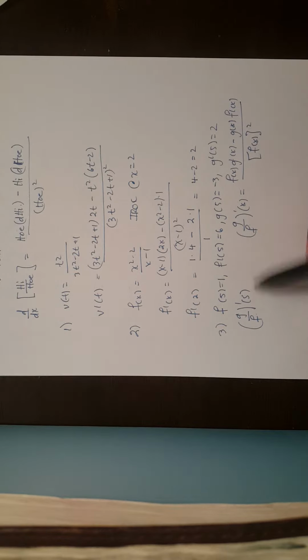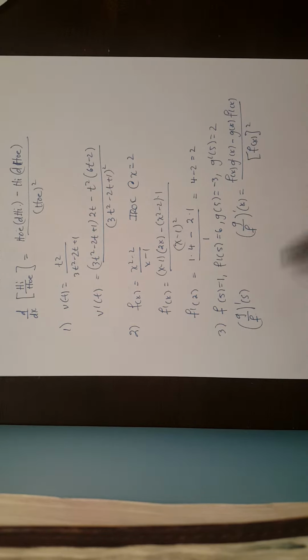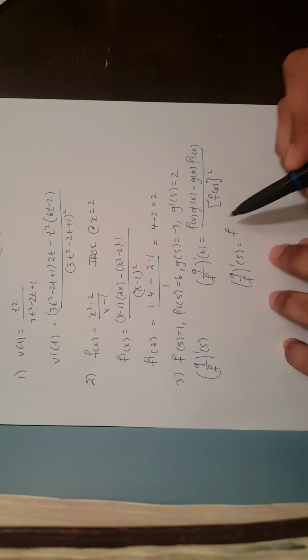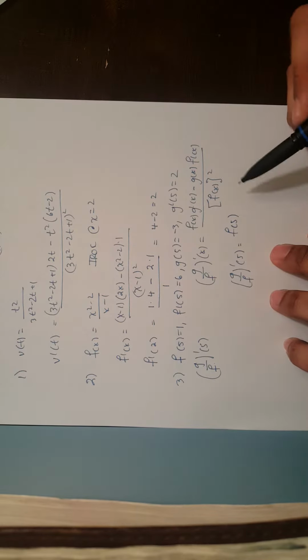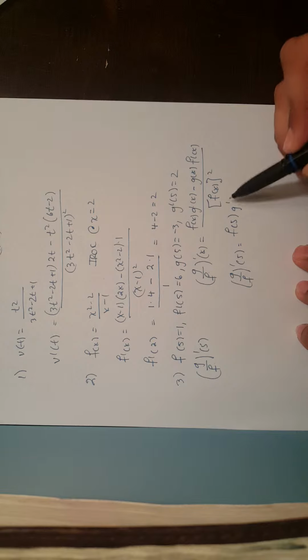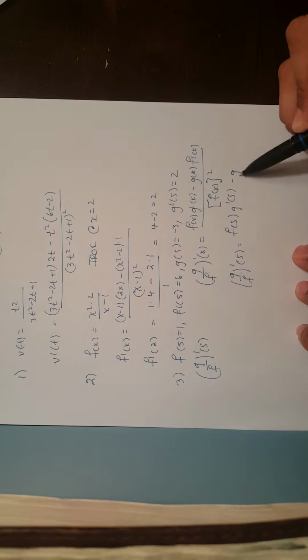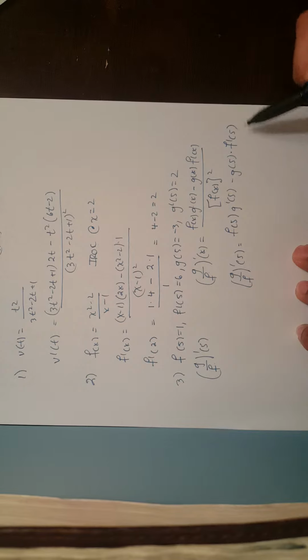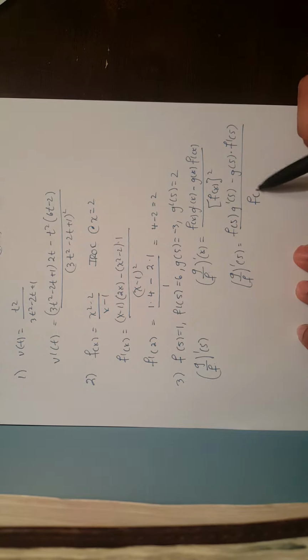So let's replace the x's with 5's. The derivative of g over f at 5 is f of 5 times g prime of 5 minus g of 5 times f prime of 5, over f of 5 squared.